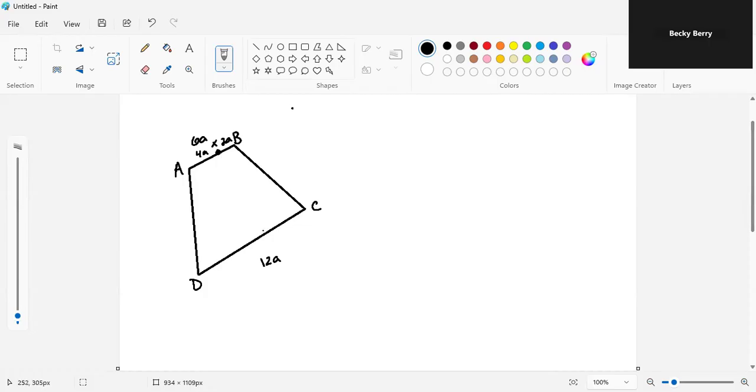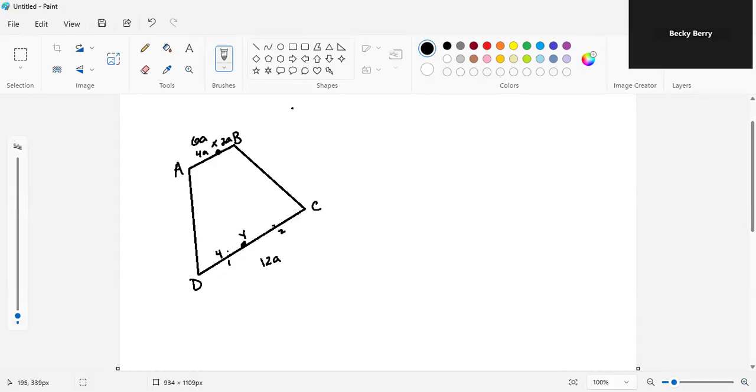Now we have a Y down here in DC that will cut it into a ratio of 1 to 2. So point Y is about here. This is 1 and this is 2. In total, we have 3 parts here. So if we take 12a and divide it into 3 parts, we will have 4a in each part.